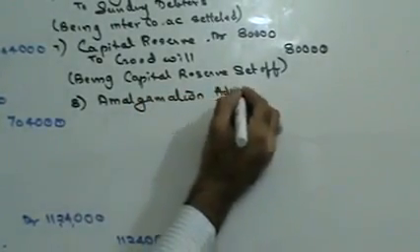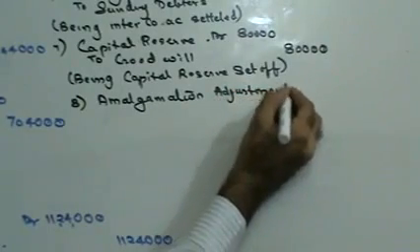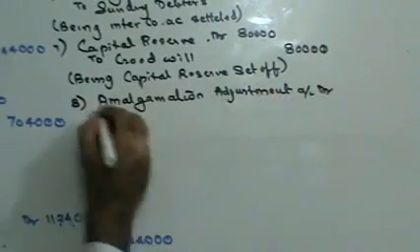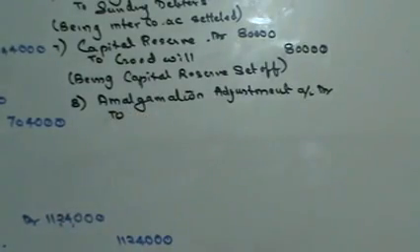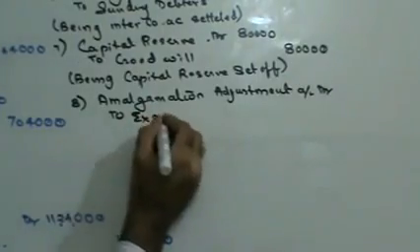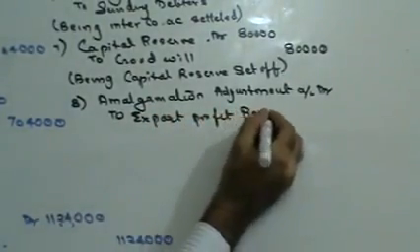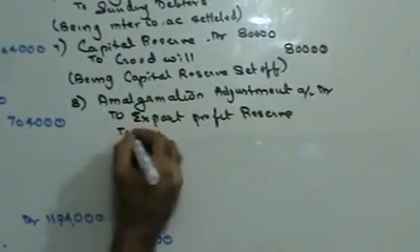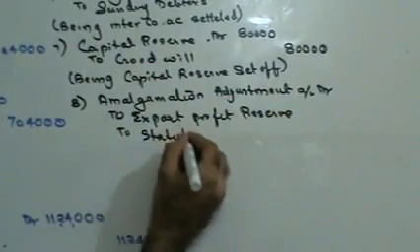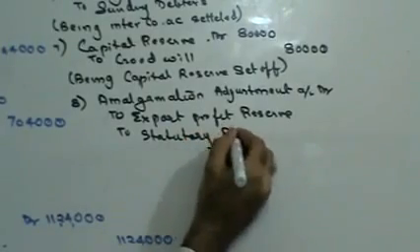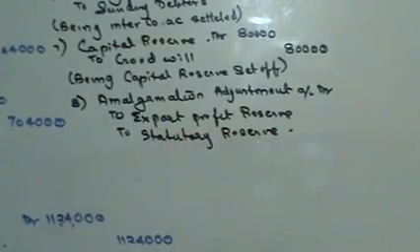Adjustment account debit to the reserves that you have, export profit reserves, to statutory reserve. Right?